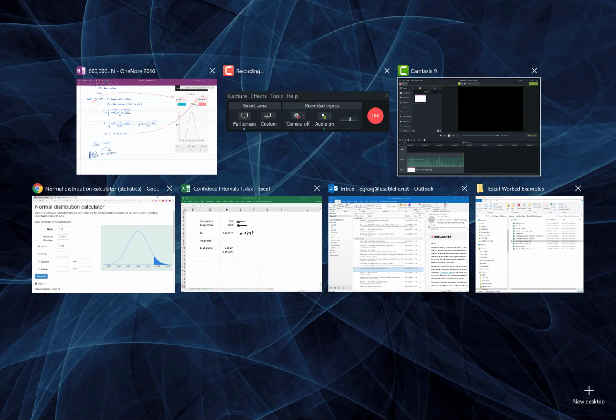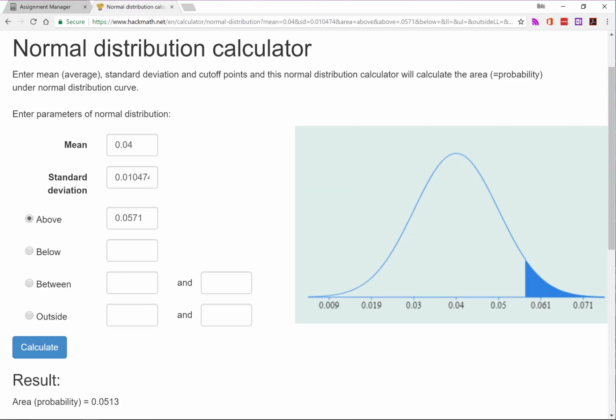And when you run that, which I did using another program that you're welcome to use if you like, there's our standard deviation, 0.01047. There is our mean, 0.04. There's our population proportion, 0.04. We're looking for the proportion above 0.0571. Okay, what is the probability?